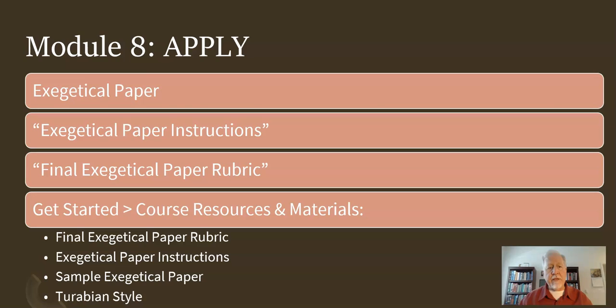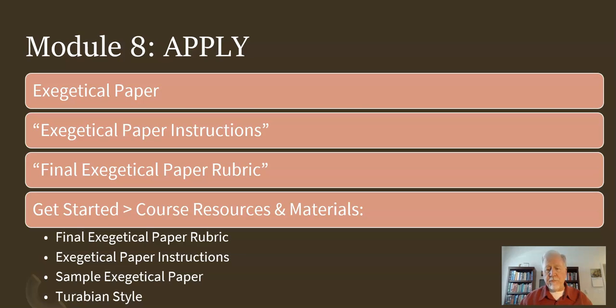First of all, there is the exegetical paper instructions and the final exegetical paper rubric. Now, if you have a difficult time downloading these from Module 8 in our course contents, let me encourage you to go back to that original section in our class called Get Started under the area of course resources and materials.